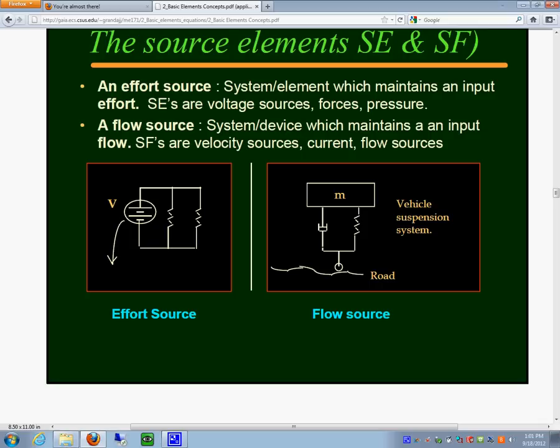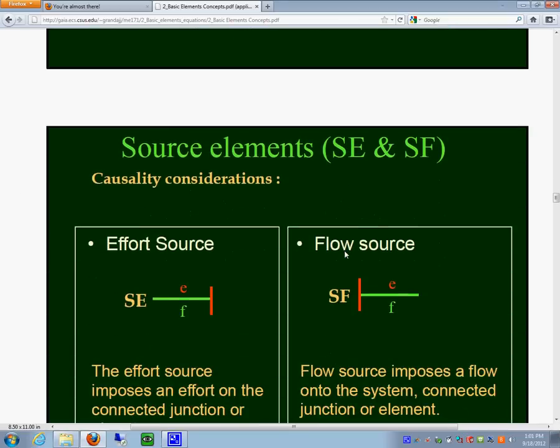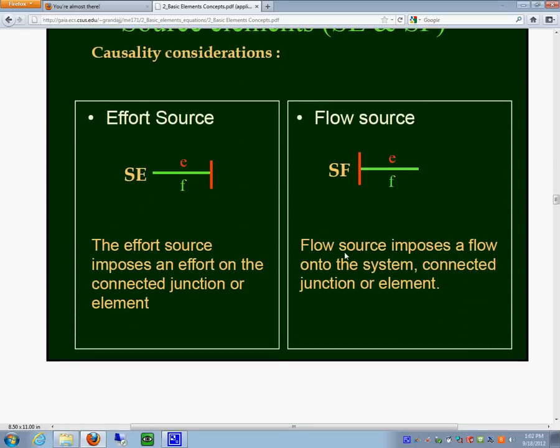So there's the flow source in this case on the right hand side, and then there is an effort source on the left hand side. Any questions about this? These elements are much easier than the Cs and the Is.